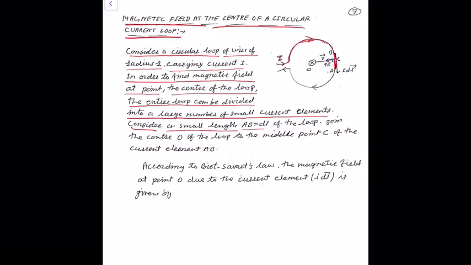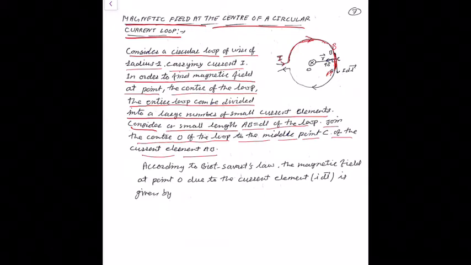Here small element AB of the loop joins the center O of the loop to the middle point C of the current element AB. Here center of current element C, here it is point center O.